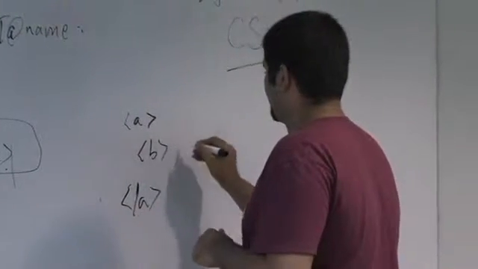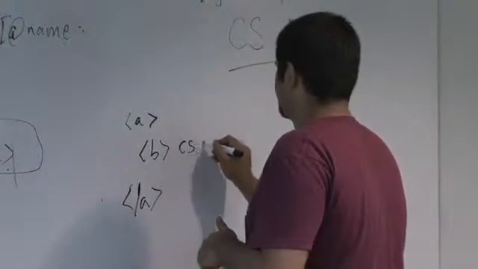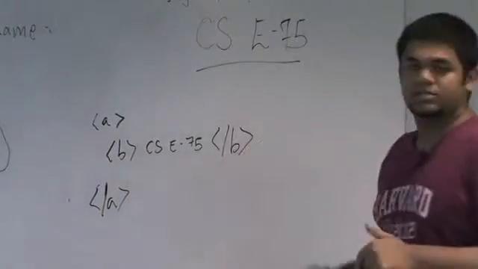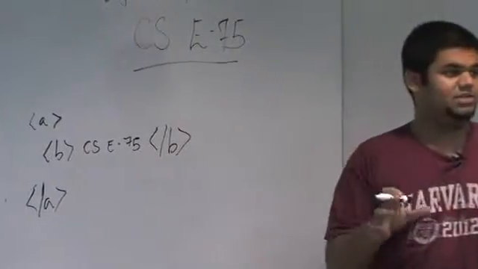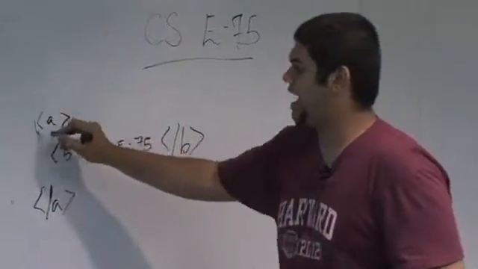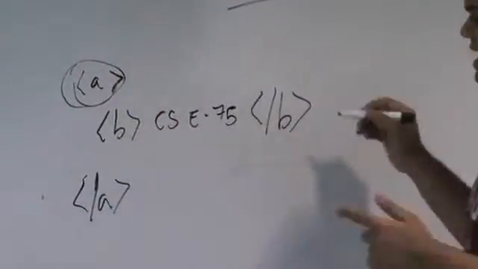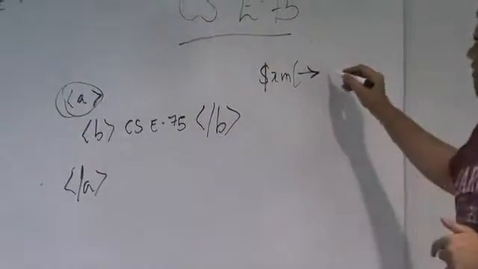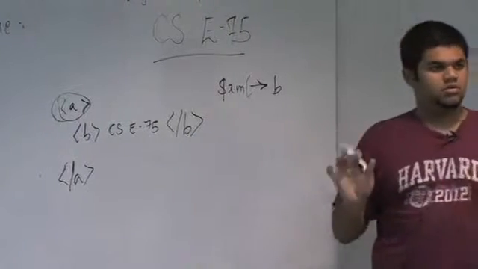And B says CSE75. So if your XML variable, your tree, is stored, and you're at A, how you would get at B is simply by saying $XML of B. Clear so far?